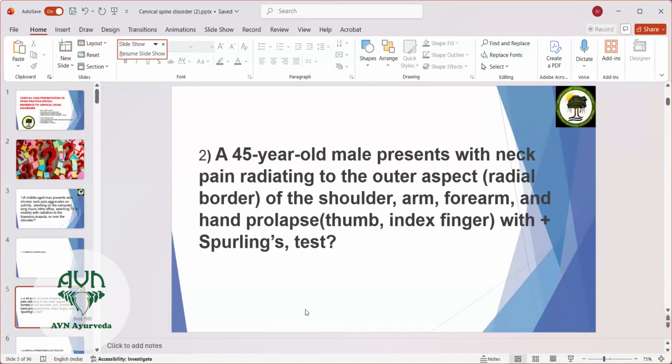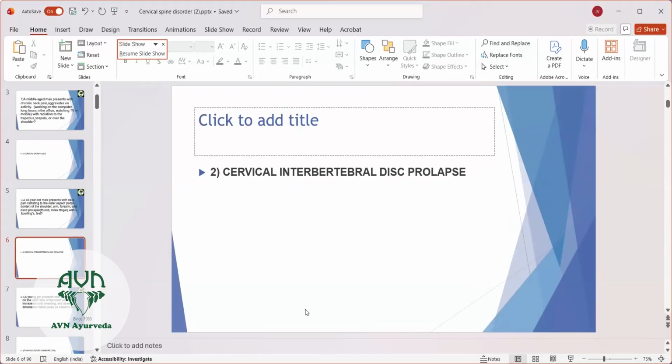If the patient experiences pain and neurological symptoms on the inner aspect of the upper limb, that shows the nerve affected is C8. Ulnar nerve distribution is impaired. This is cervical intervertebral disc prolapse.